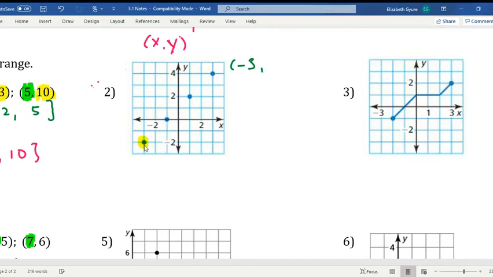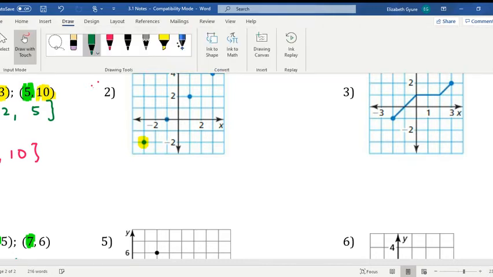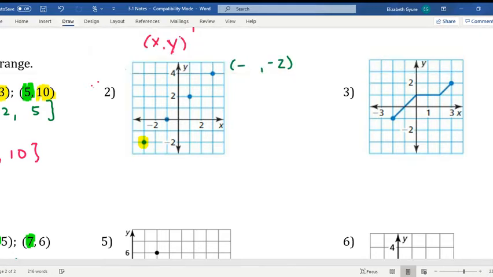So if you go down 2 units, that means your y value would be -2. Sorry, I'm not good at drawing 3s with a stylus for some reason. It's my most challenging number. Okay. So this means if you see the point -3, -2, that means from your origin, you went left 3 and down 2.